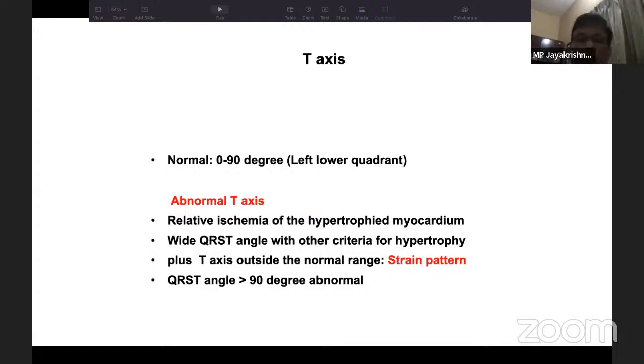So you can measure the QRS axis first, then the T wave axis, then see the angle between them. Normally, the QRS-T angle is less than 90 degrees. Any QRS-T angle that is more than 90 degrees is abnormal.